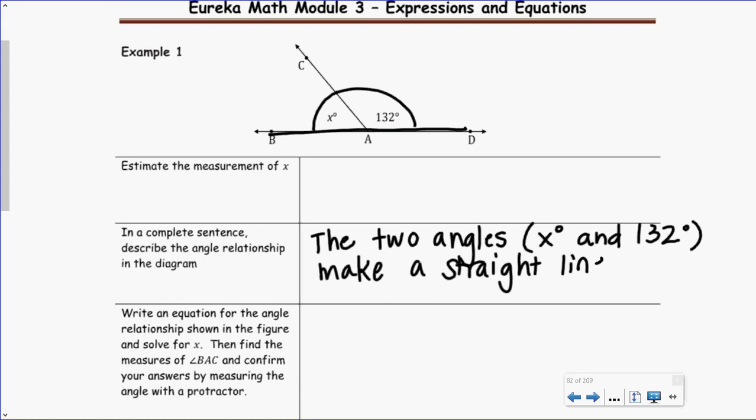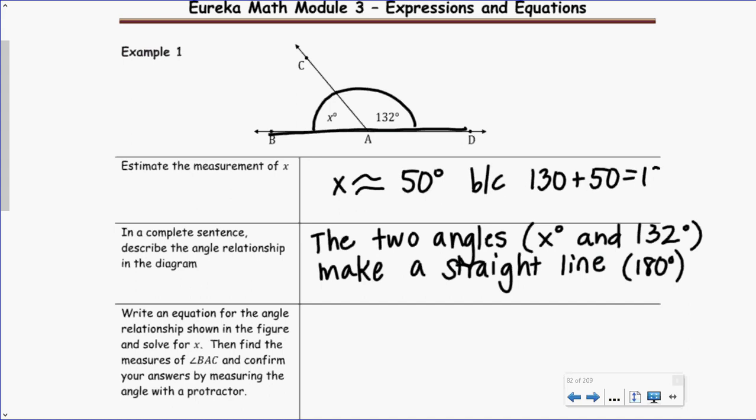And how many degrees is a straight line? 180. Okay, you can estimate right here. Go ahead and tell me what you think x is. We can do the squiggle to say about. X is about, I would say it's going to be about 50 degrees because 50 plus 130 is equal to 180.